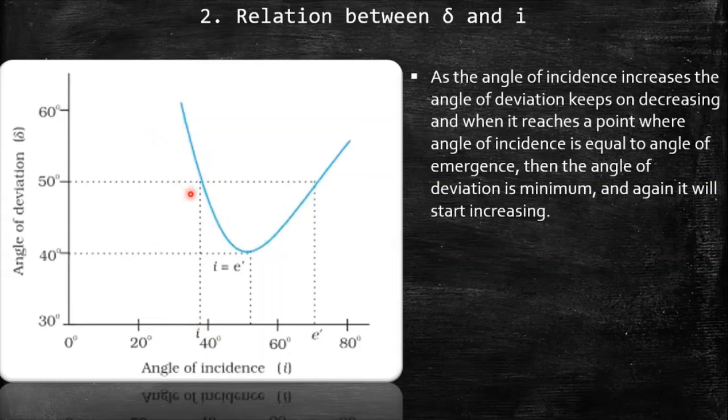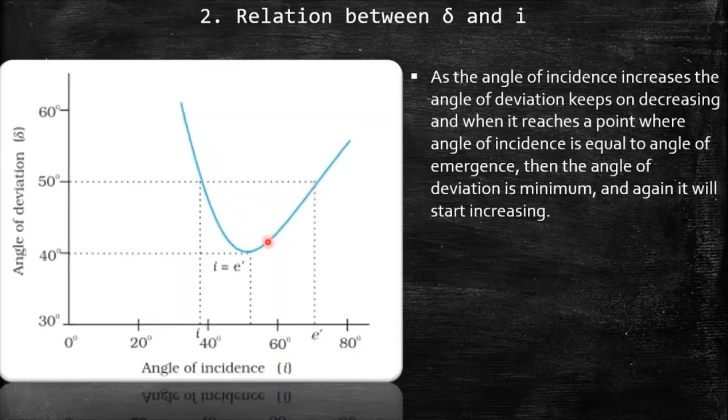But it reached a point. What reached a point? Obviously the angle of deviation. Yes. So the angle of deviation reaches a certain minimum. And again, when you keep on increasing the angle of incidence, it starts to increase again. So what do you see? You see a nice and beautiful curve, right?